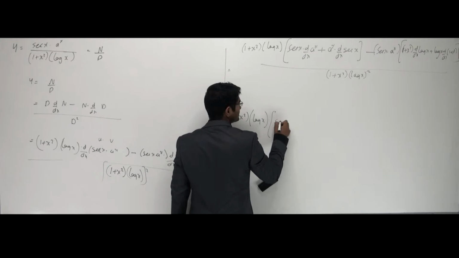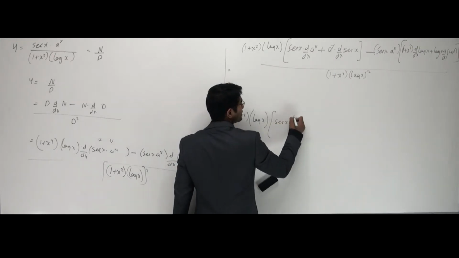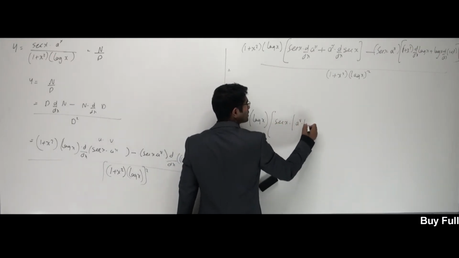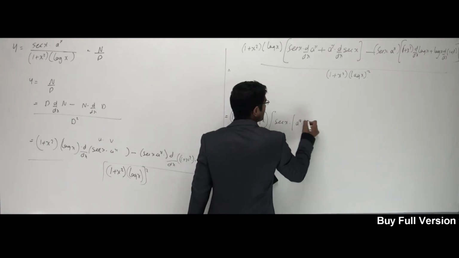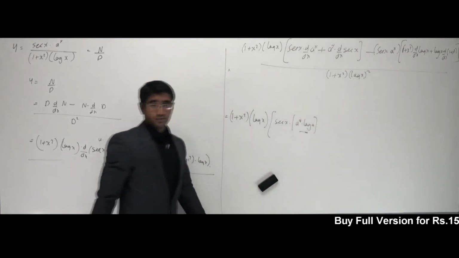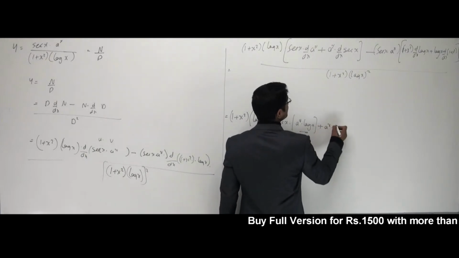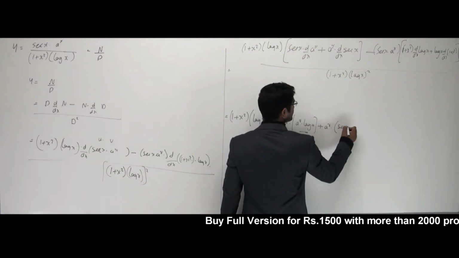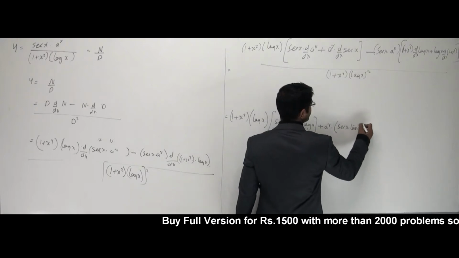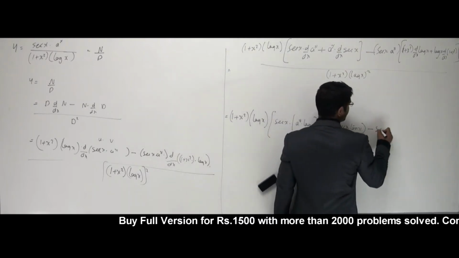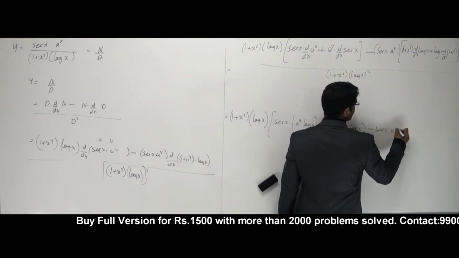So here I can write secant x into differentiation of a power x, which is a power x into log a. This we already know from the formulas we learned. Plus a power x, and how do you differentiate secant x? That is secant x into tan x. Then what about this part? That is secant x into a power x.